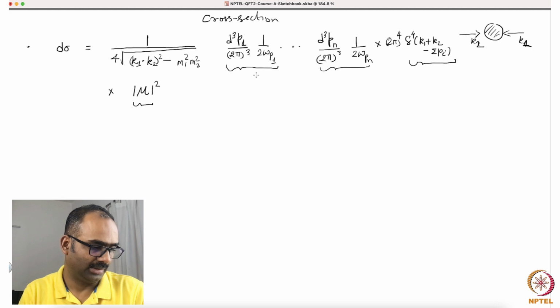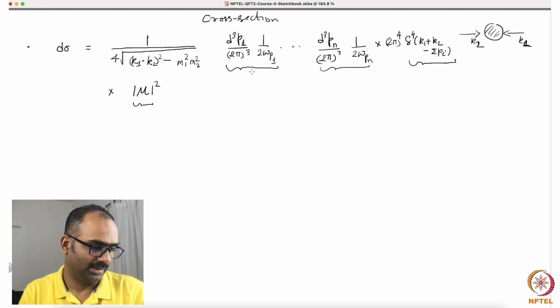Another thing: if these regions R1, R2, Rn overlap, and because in this theory we have identical bosons, the same state gets counted twice. If you have two particles in a given region and the regions overlap, then saying that this one has momentum p1 and that one has momentum p2, or vice versa, these are not two different states.